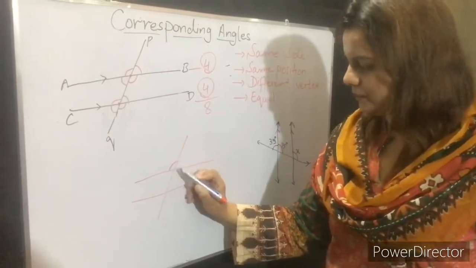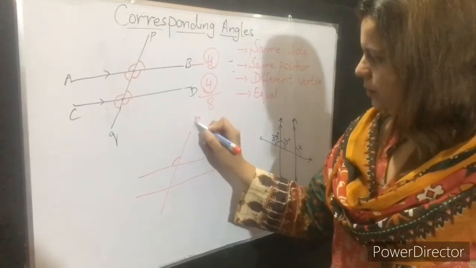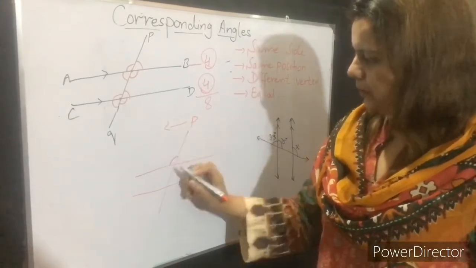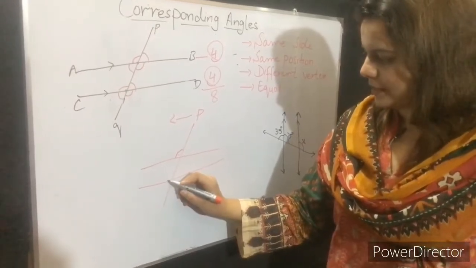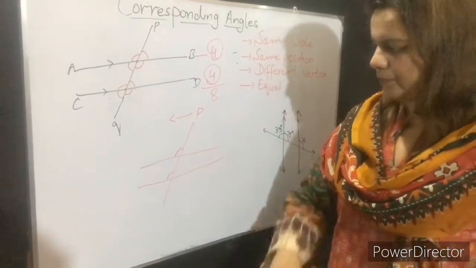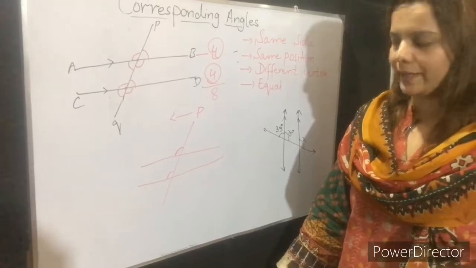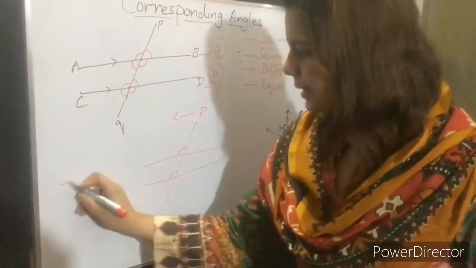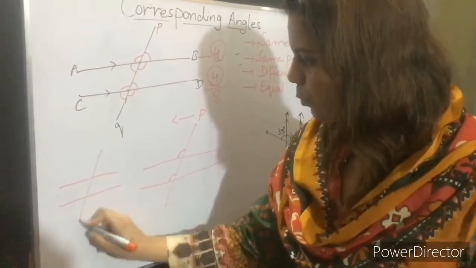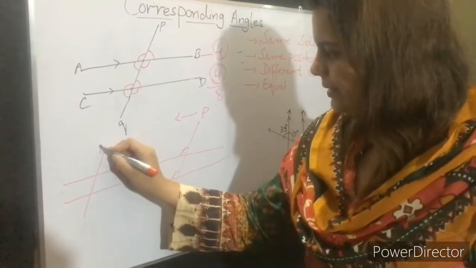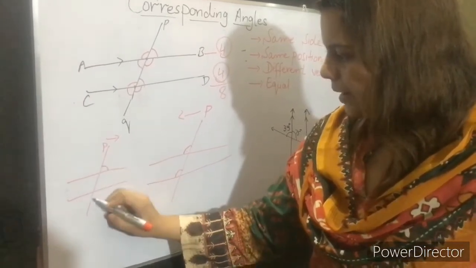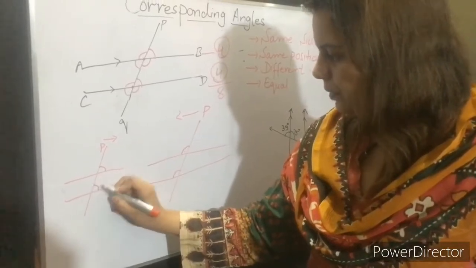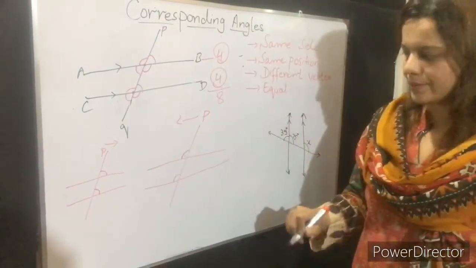This angle is on the left side of P, up of the line, and this angle is also up of the line. Both are corresponding angles. If two lines are again intersected by one transversal, this line is P, and left of P, up and up, both are corresponding angles.